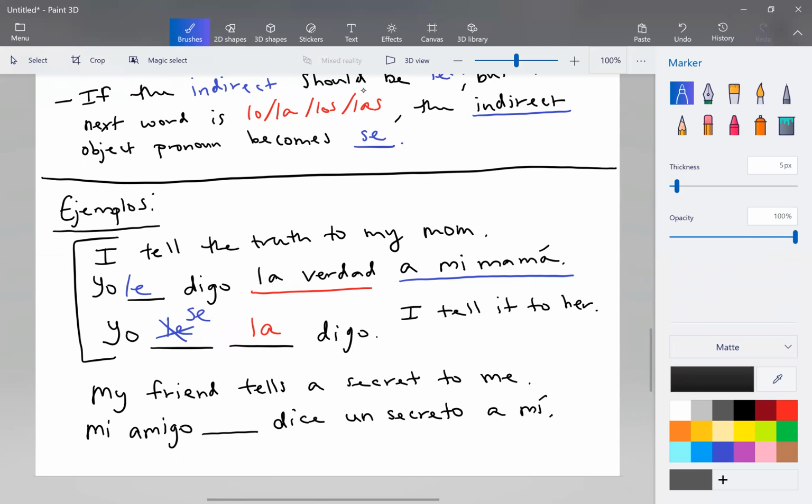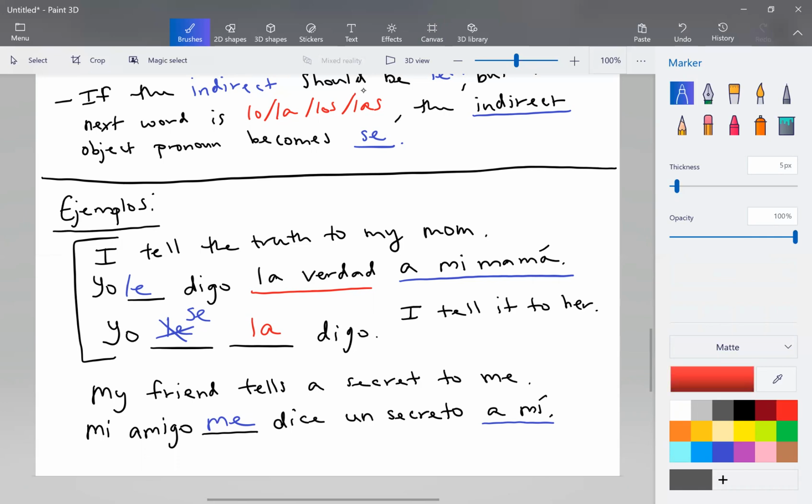What goes in that blank? What's the indirect object in this sentence? Is it un secreto or is it a mí? A mí. So what goes in that blank? Mi amigo me dice un secreto a mí.